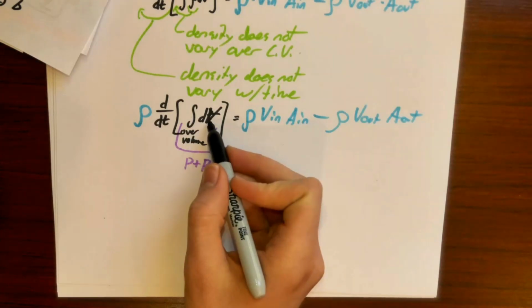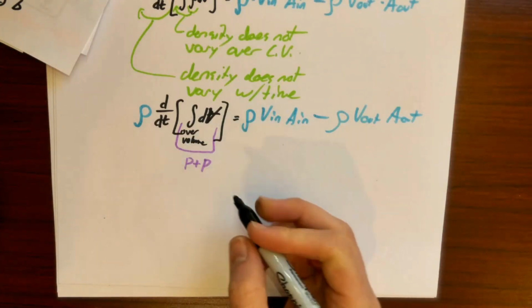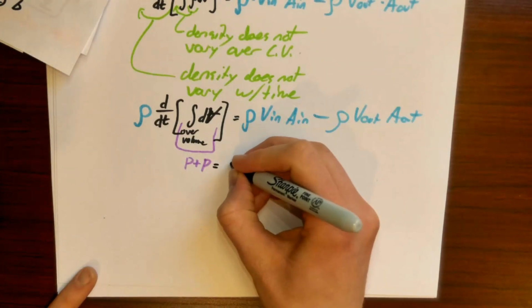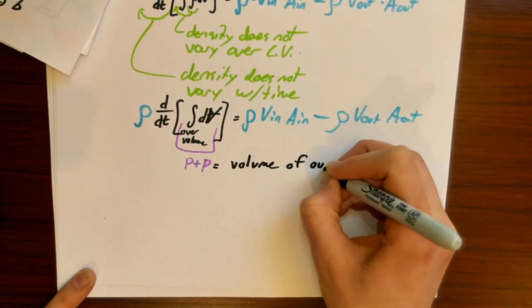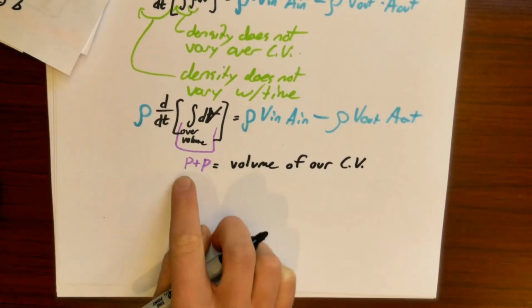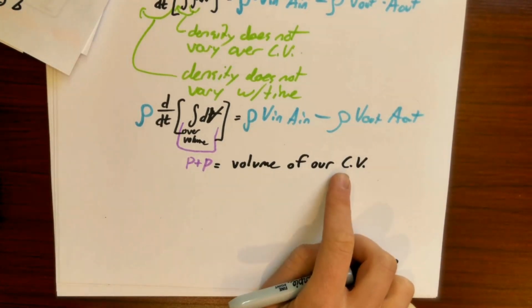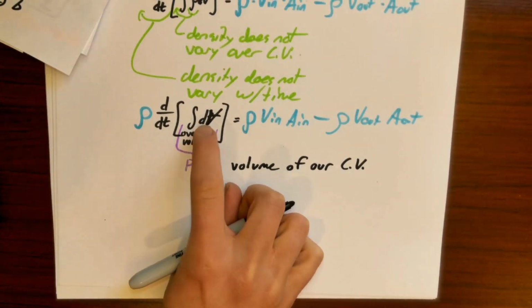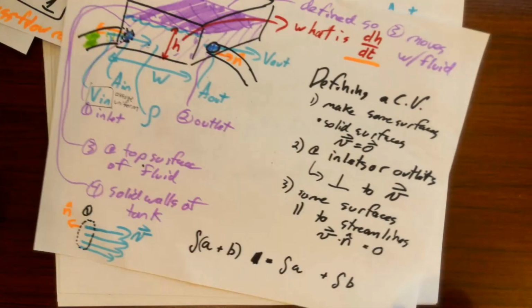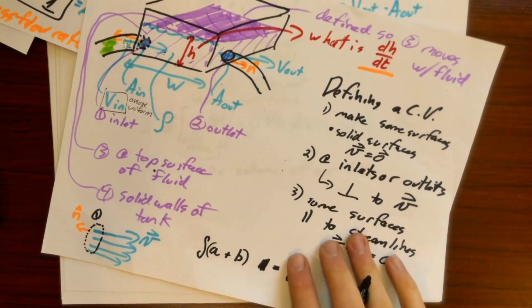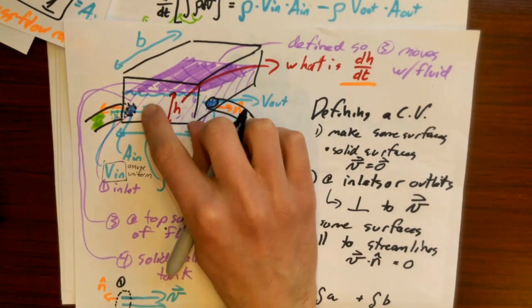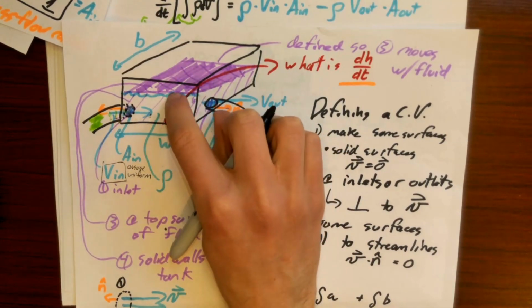An integral of dV over the whole control volume is just equal to the volume of our whole control volume, right? If I integrate dV, then I get V. And if I've integrated over the control volume, then that's just whatever volume that control volume happens to be.